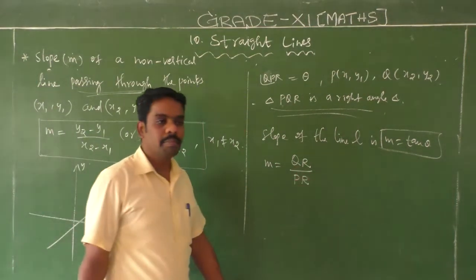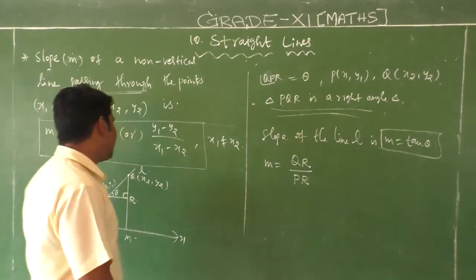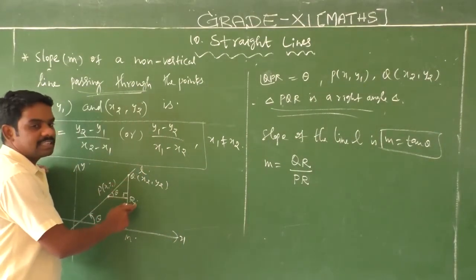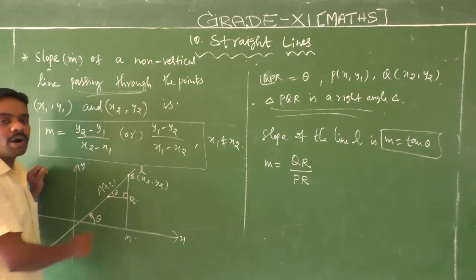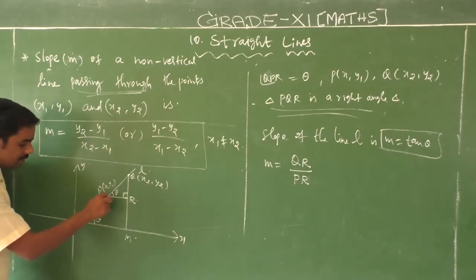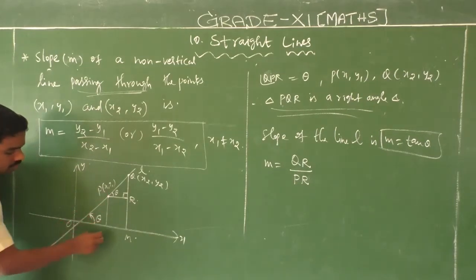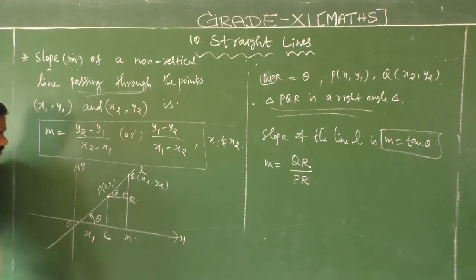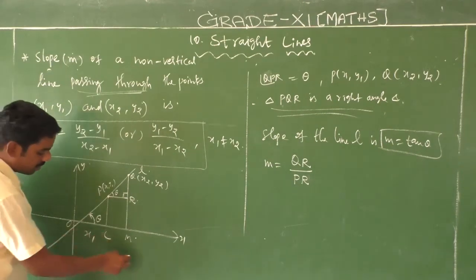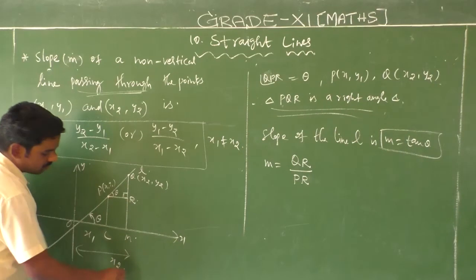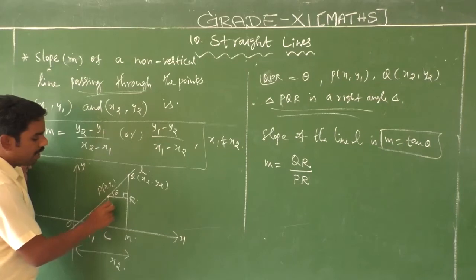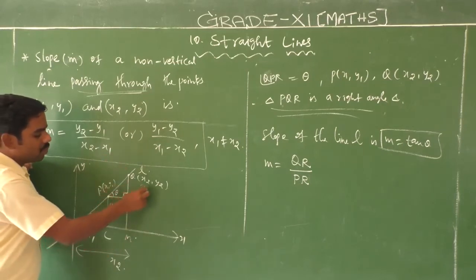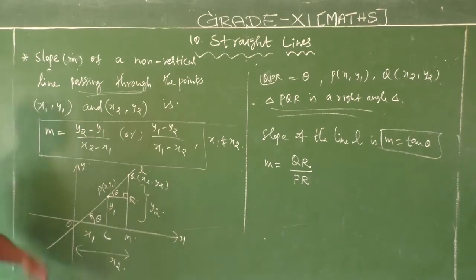QR is the distance between the points Q and R. You know that the point P is (x1, y1). So the horizontal length O to L is x1, and O to M is x2. The vertical length LP is y1, and the vertical length MQ is y2.